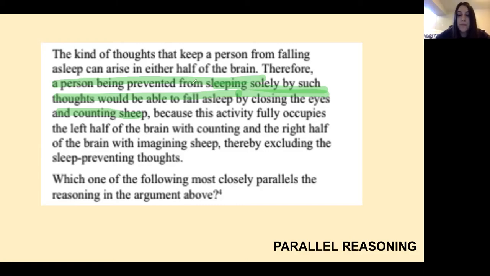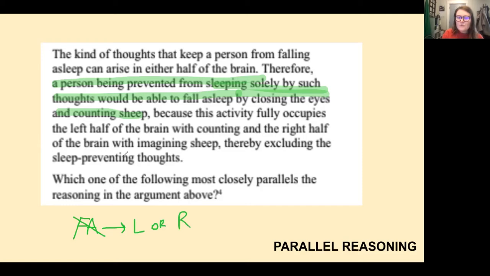So here we're saying that if you can't fall asleep, you don't have to, I would not diagram this on the test. I'm just going to show you this for learning purposes. That means that you either have thoughts in your left half of the brain or the right half of the brain, right?